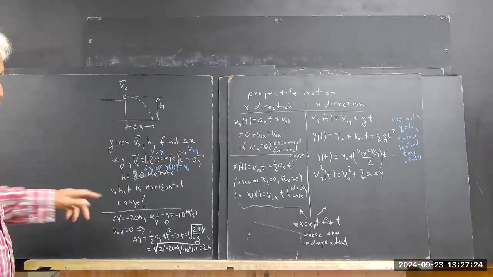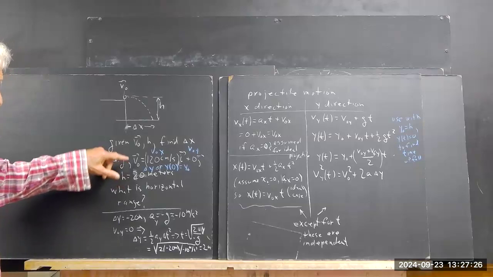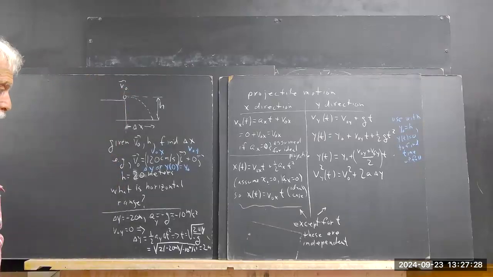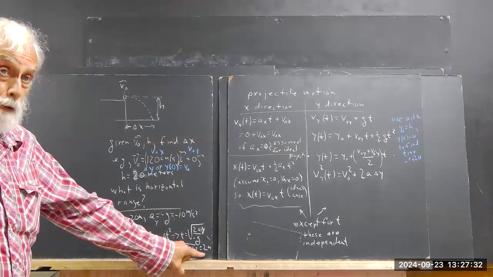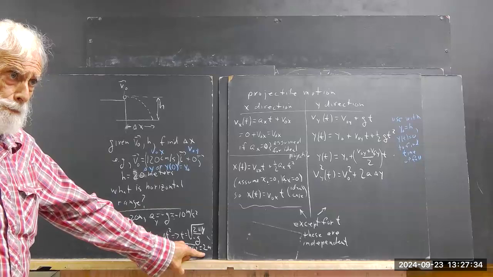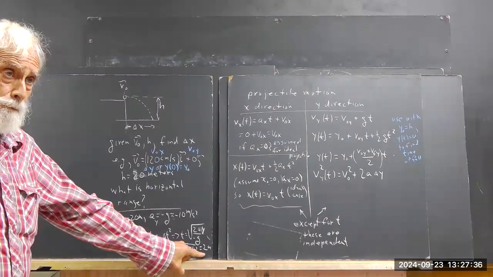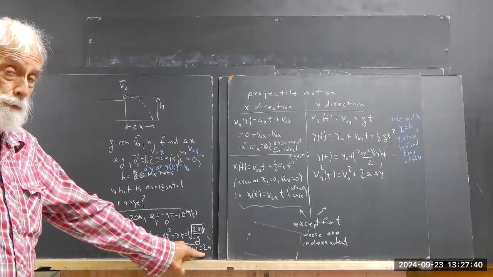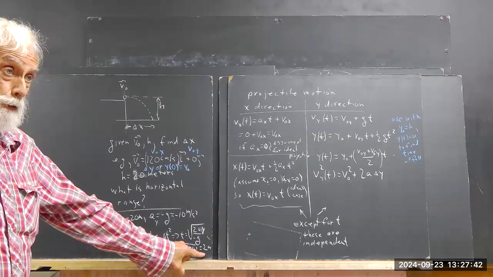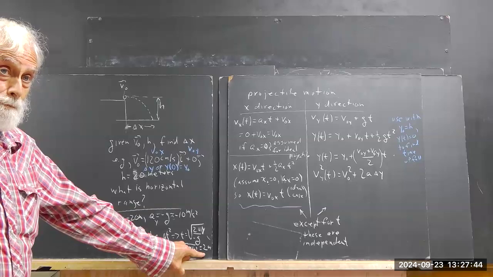In other words, given your height and that your initial y velocity is 0, it's very straightforward to figure out what the time of fall is. That makes sense? Hopefully you've done problems on free fall. Did you have free fall in the chapter?